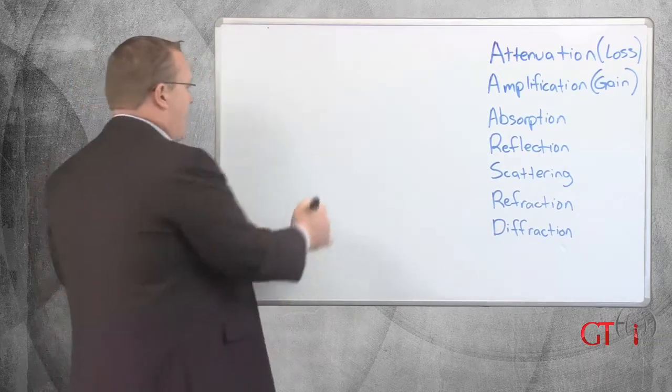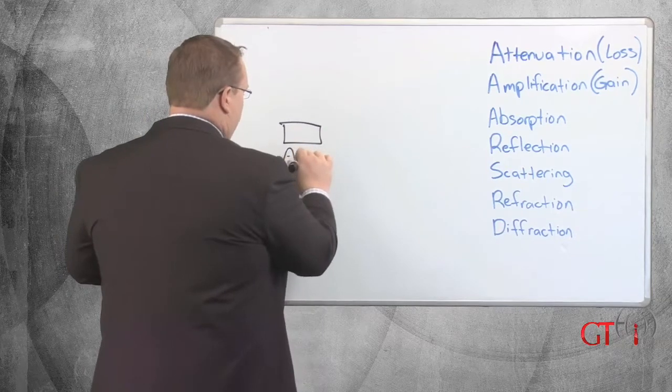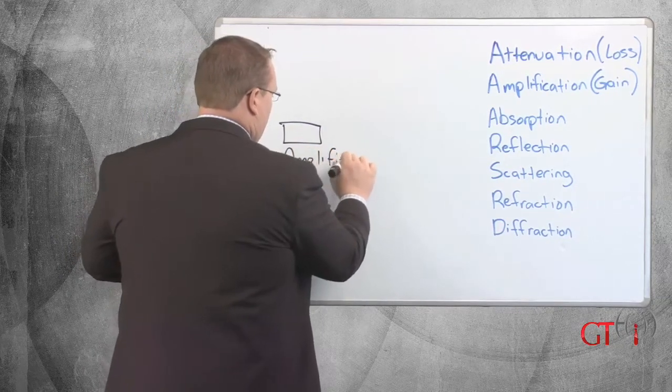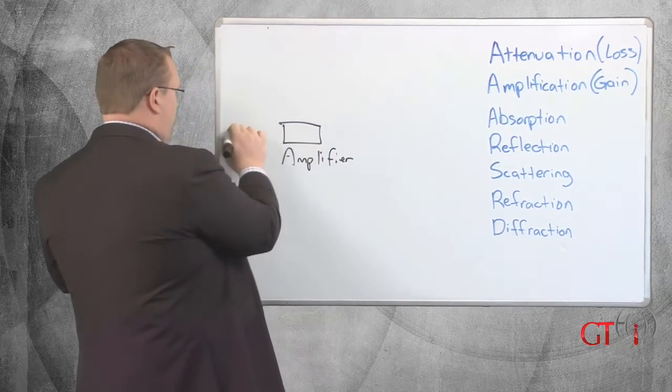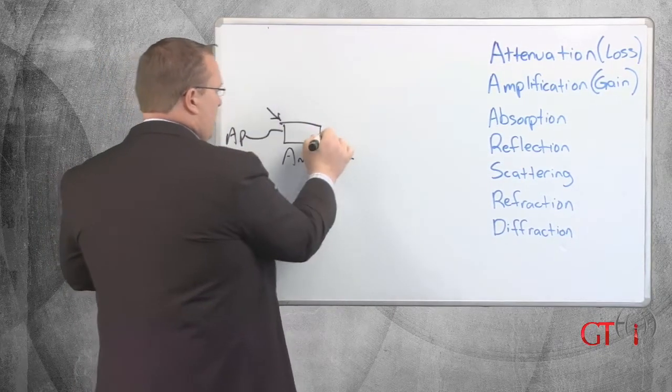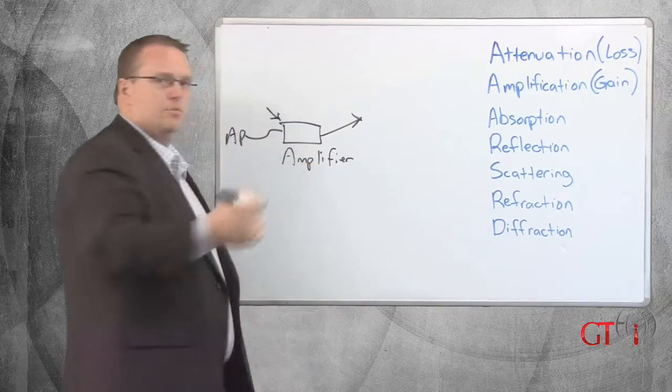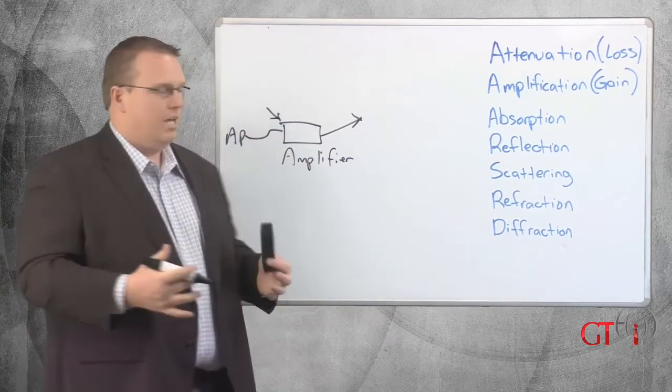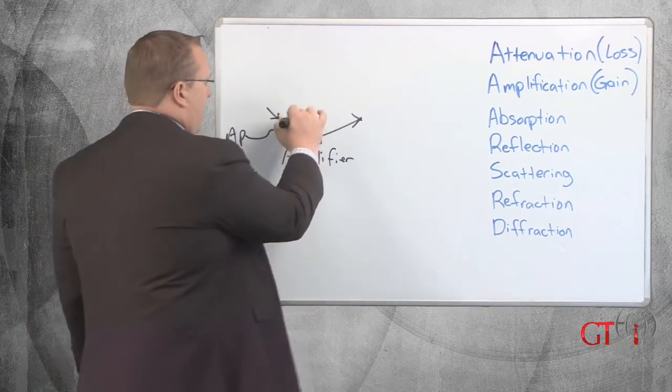Amplification is gain. It is actually something called an amplifier. An amplifier would have, you could say, your access point, your transmitter, here, connected to the input, and on the way out, it has more signal. It amplifies that signal, and this is actually a powered device.